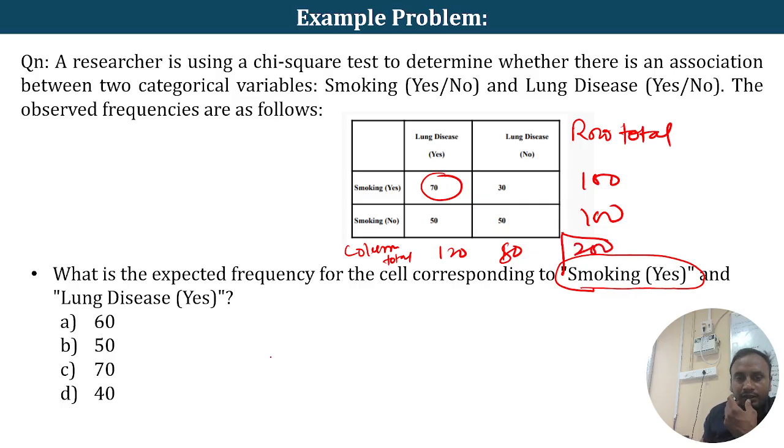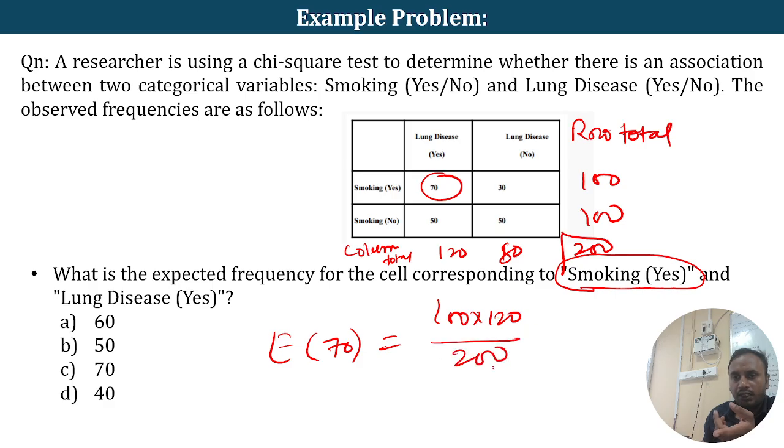To get the expected value for smoking yes, lung disease yes, the row total 100 times the column total 120 divided by 200. 60 is the answer.